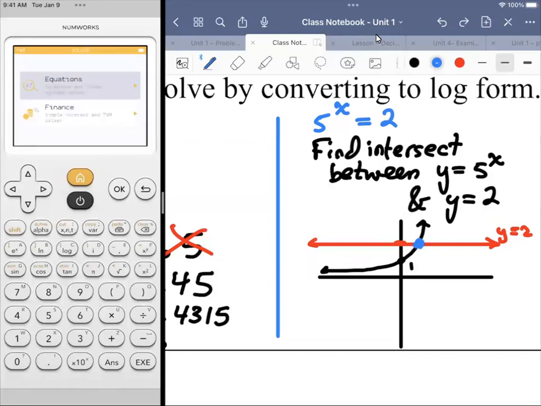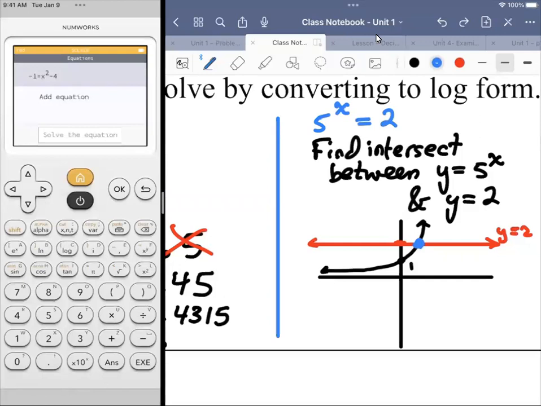I got confused. I thought I was in the grapher for a second, but I want that to intersect with something like x equals -1. So I'm looking for any instance in which -1 would be equal to x squared minus 4. All right. So if I solve the equation, notice how there are two solutions.